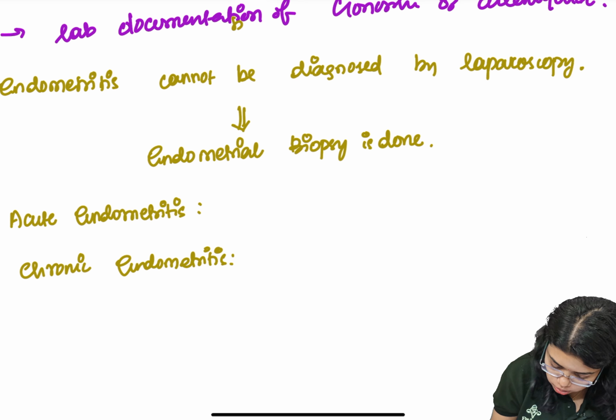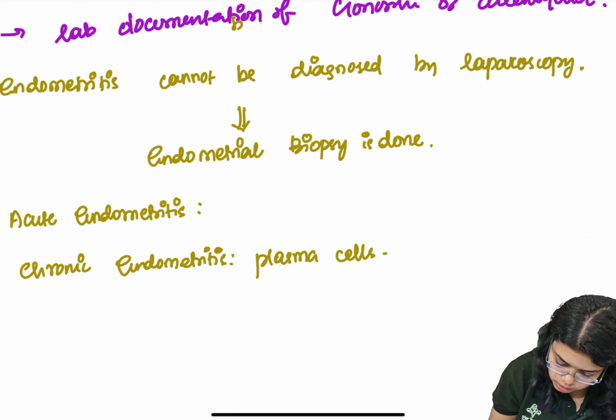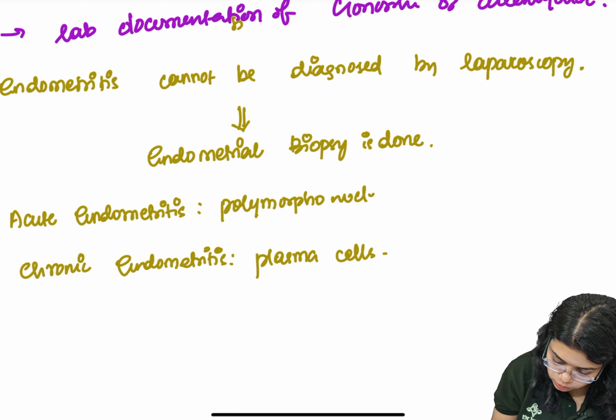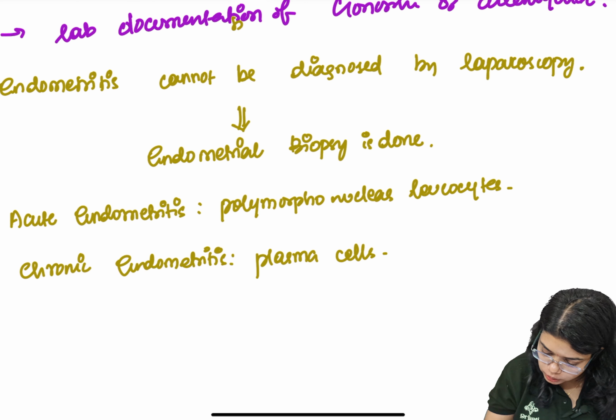In chronic endometritis we see plasma cells, and in acute endometritis we see polymorphonuclear leukocytes, not lymphocytes. So this is on endometrial sampling.